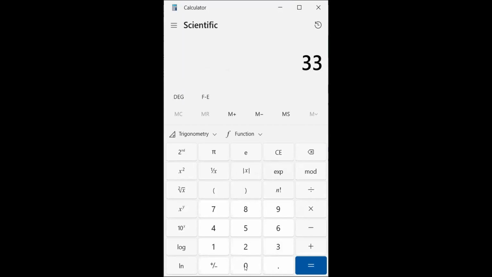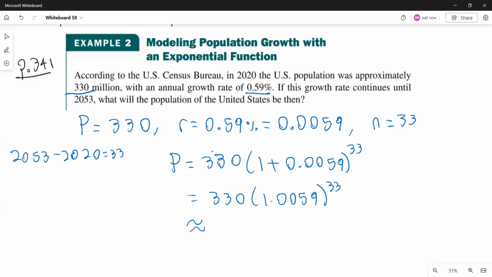So this is 330 times 1.0059 raised to the 33rd power. So that's about 401 million. That's the population, approximately 401 million. If a population or a quantity is decreasing, the growth rate is going to be a decay rate, and it's going to be negative.